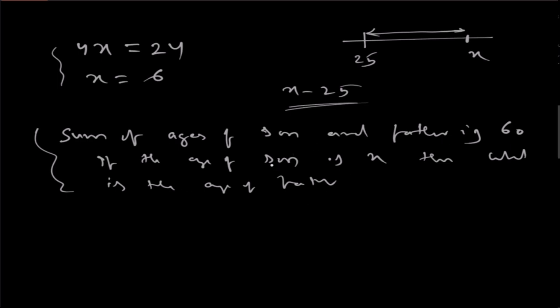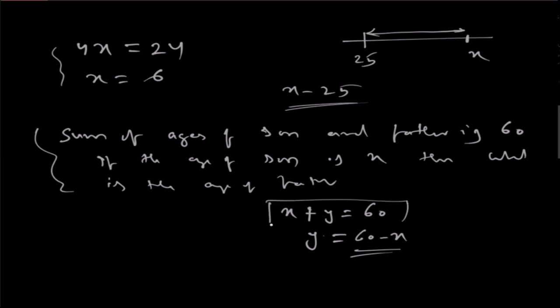It is in this language and it will be translated to the algebraic equation. Their sum is 60 and son's age is x. So x is son, then father's age will be how much? Their sum is 60. That means if son's age is x, suppose father's age is y, then x plus y is equal to 60. So you can find father's age y, that is equal to 60 minus x. This is simple. Their sum is 60 and one's age is x, the other's will be 60 minus x.